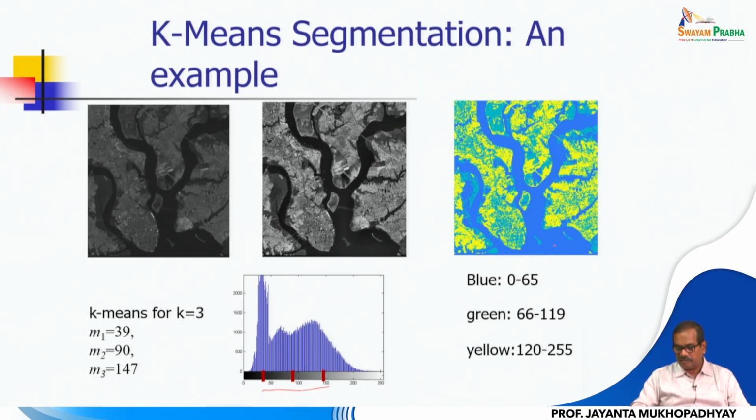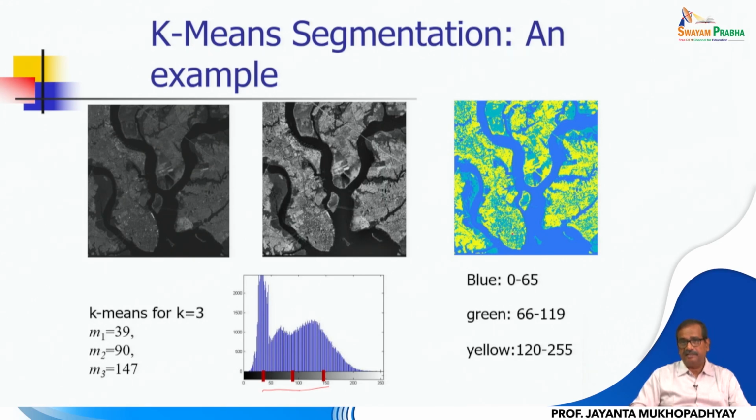Green is usually what we associate with forest coverage, whereas yellow is urban settlement. This is a rough characterization of these intervals.